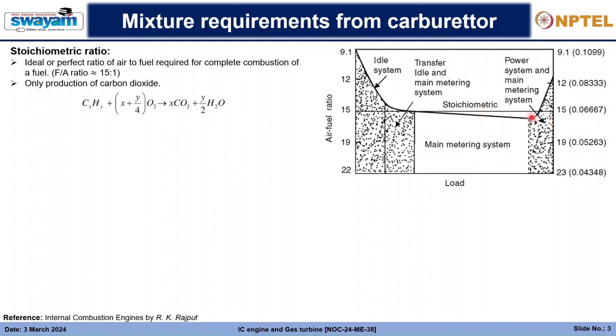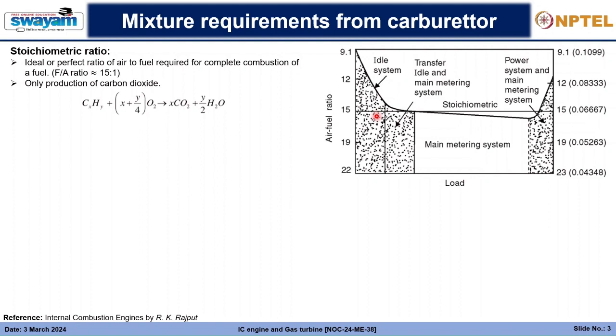Then, when there is a large requirement of load, so the load is excess right now, and we want to operate the vehicle at this load, then we need to supply a rich mixture of fuel. So the air fuel ratio will decrease, or the fuel air ratio will increase. We need to supply a high amount of fuel for a particular amount of air in comparison to the stoichiometric ratio. So this is the load and air fuel ratio map of what we need to achieve in vehicle operation.